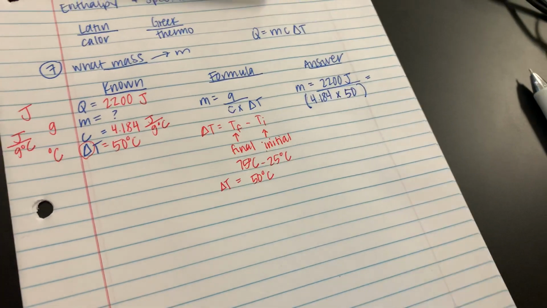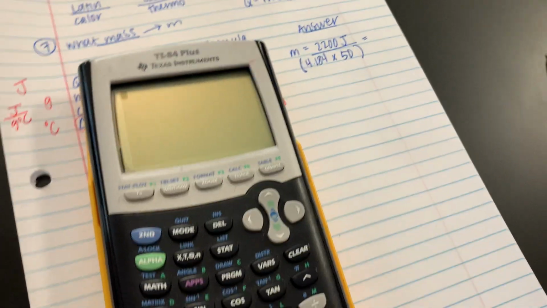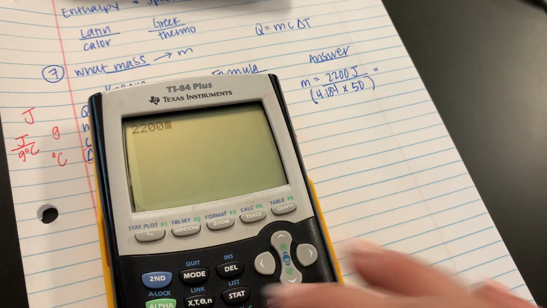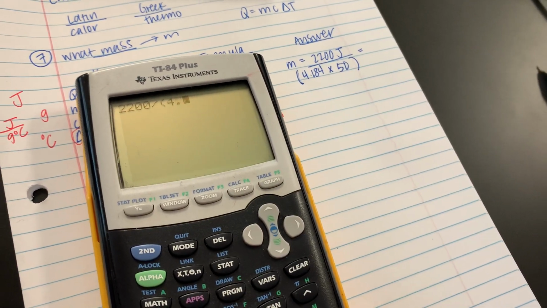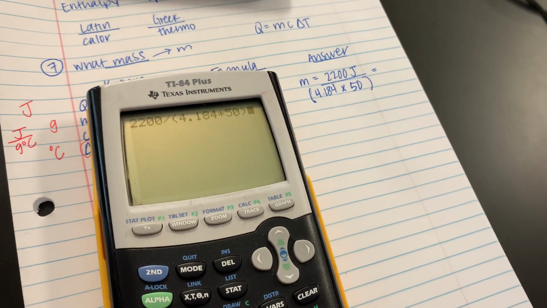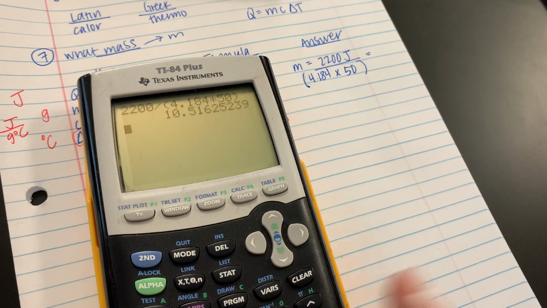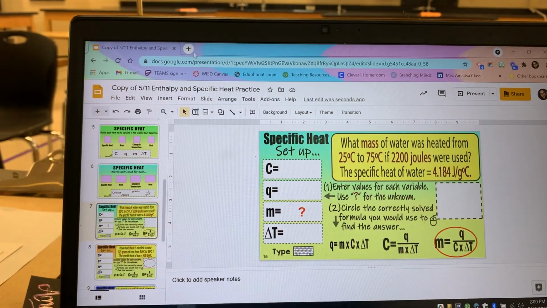For those of us that have these calculators, you would literally put 2,200 divided by, in parentheses, 4.184 times 50, and close parentheses. So we get 10.5.